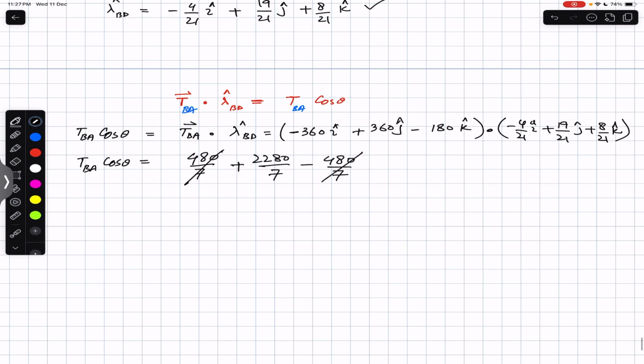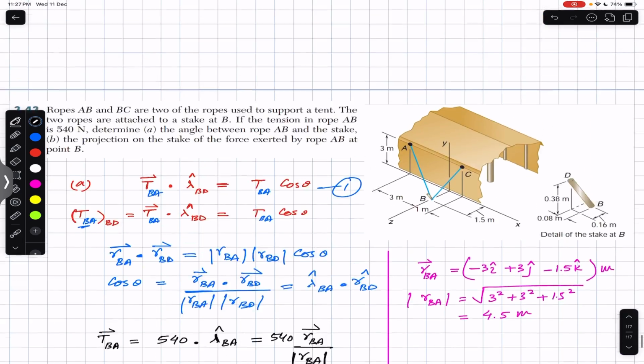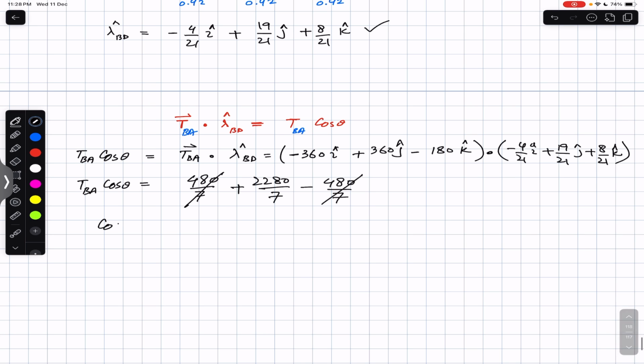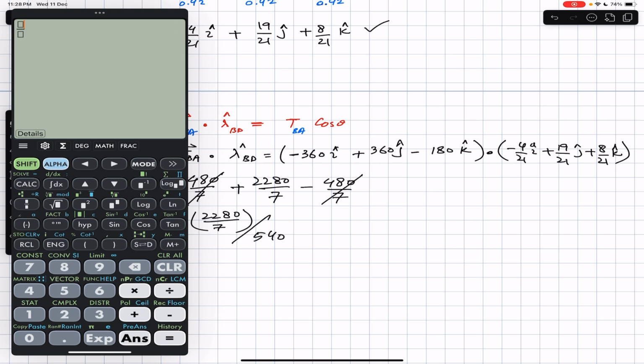So TBA magnitude is given, 540 newtons in the problem statement. So cos of theta is equal to 2280 divided by 7 divided by 540. This gives us 0.603, or we can say 38 divided by 63.